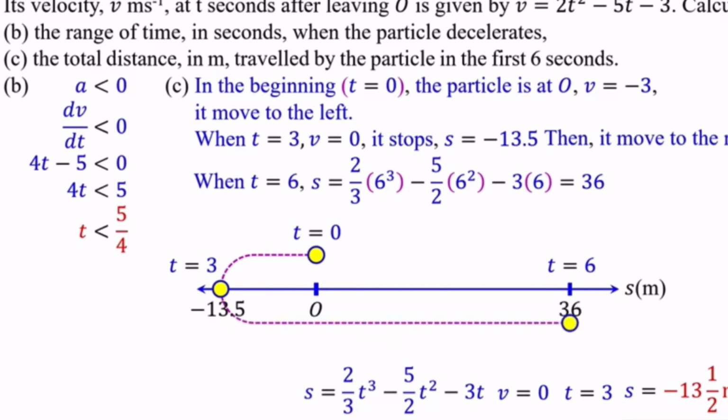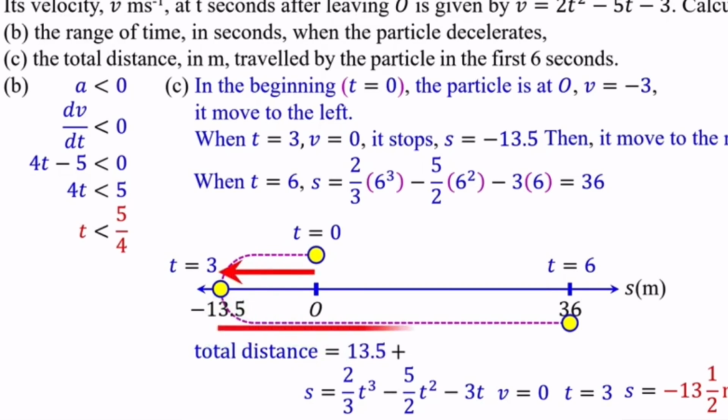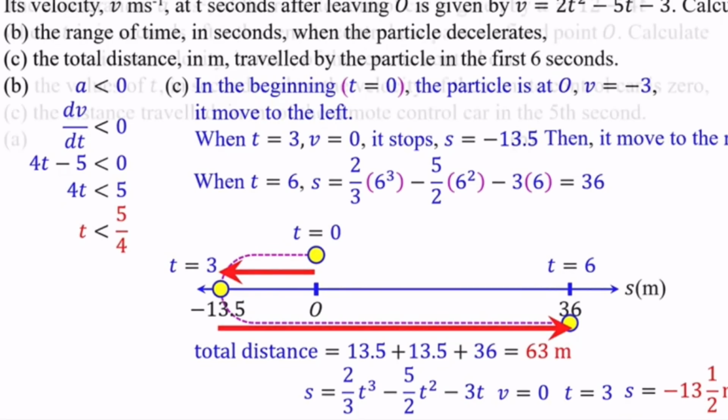So in order to find the total distance traveled, we need to study the movement from t equal to 0 to t equal to 3, which is 13.5 meters. For the distance, it's always positive. And then we have to add the distance traveled from t equal to 3, which is 13.5 plus the distance 36 meters. So the total distance should be 63 meters.